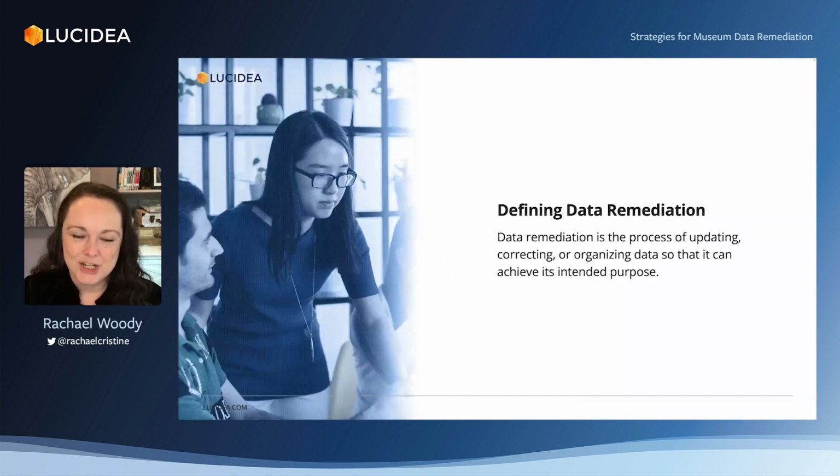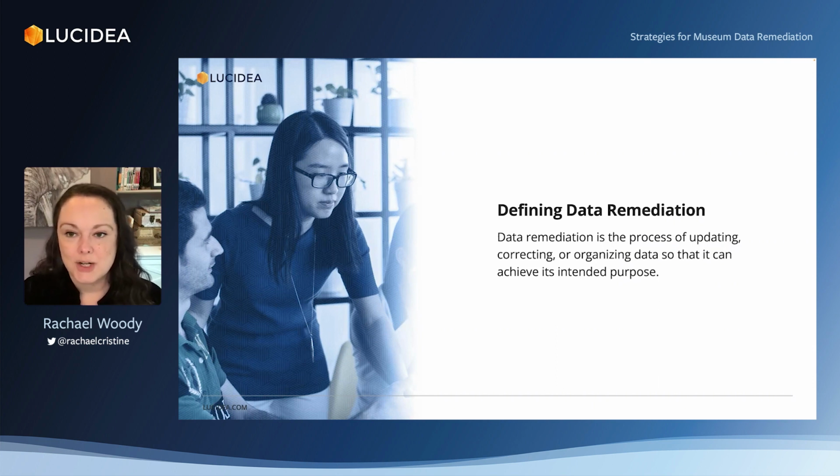Defining data remediation. So this is essentially data cleanup, and it's the process of either updating, correcting, or better organizing the data or the information that is in your collections management system.